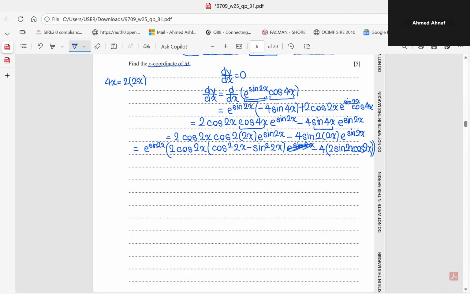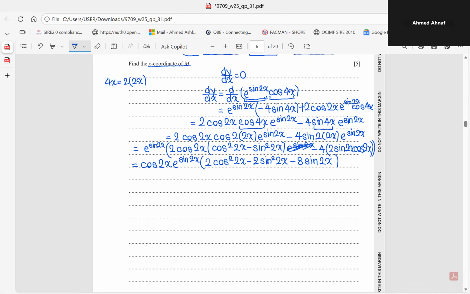There's another common factor in both of them, which is cosine 2x. So we can factor that out as well. So we get cosine 2x times e to the power of sine 2x, bracket 2 cosine square 2x minus 2 sine square 2x, and then minus 4 times 2, that's minus 8 sine 2x.